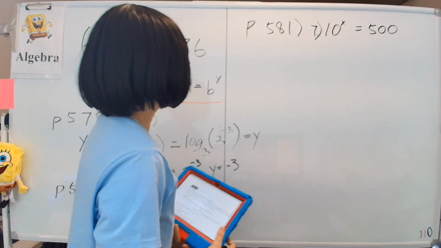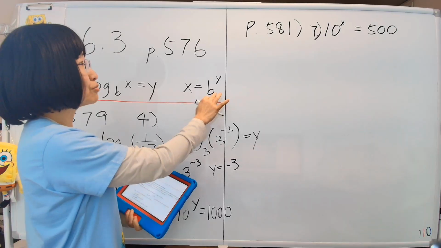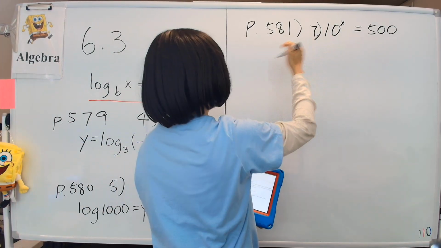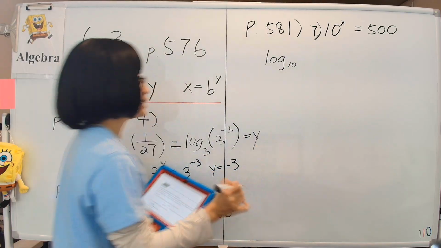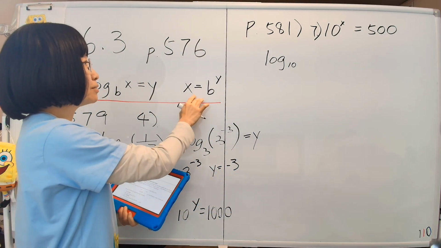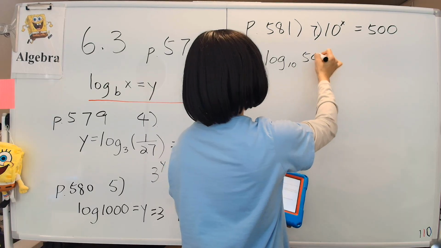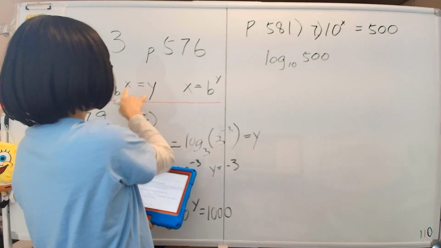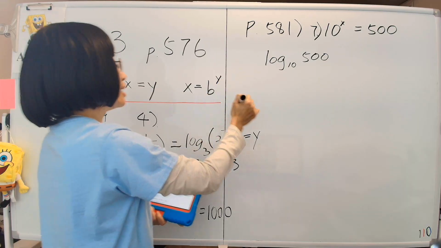Now we'll follow this plan right here, okay? What's the base? This thing is the base. So we have log base 10, okay? Which we don't have to write down, but log base 10 of 500, of the value here that is given, that is y, okay?